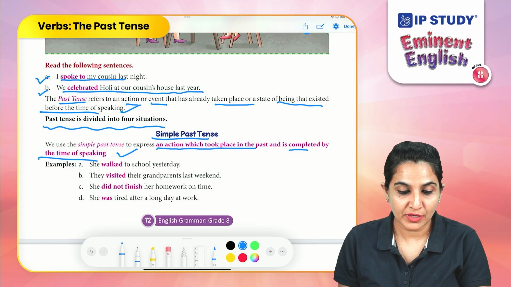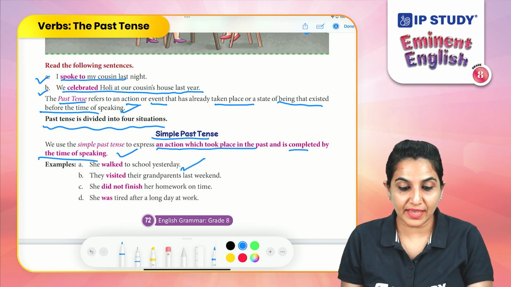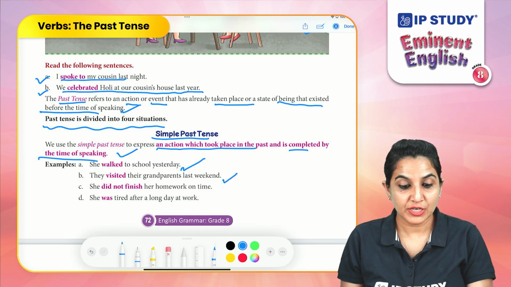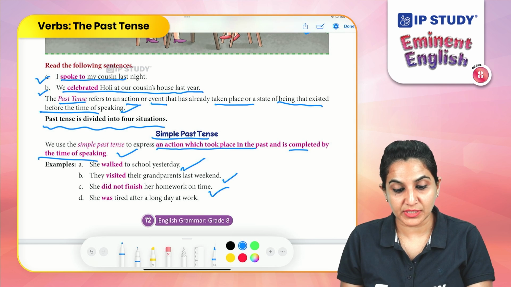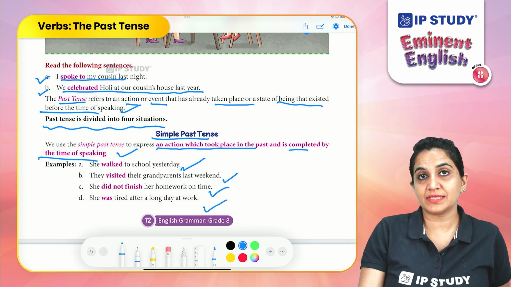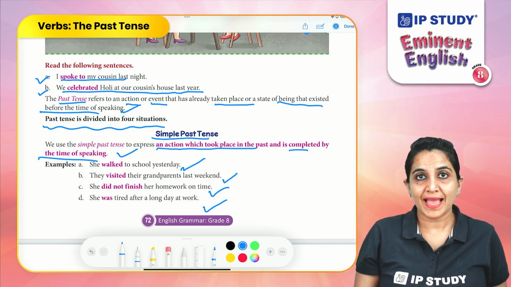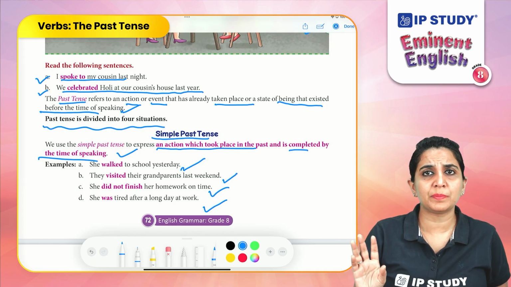For example, she walked to school yesterday. They visited their grandparents last weekend. She did not finish her homework on time. She was tired after a long day at work. So for an action which is completed in the past, by the time of speaking, we use simple past tense.